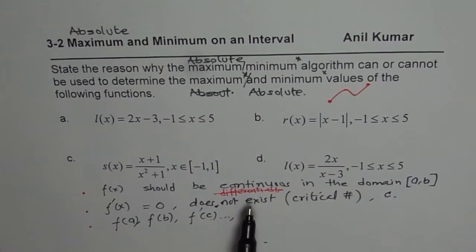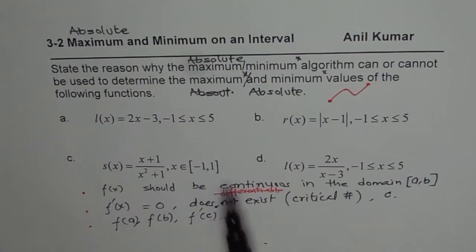So important thing is it should be continuous, right? It may or may not be differentiable. Okay, now in this video we are not really finding the absolute maximum or minimum, but we are only trying to give you or to understand whether we could apply this algorithm or not.